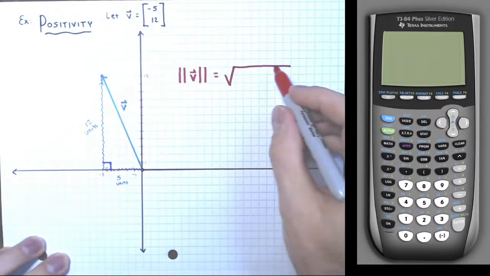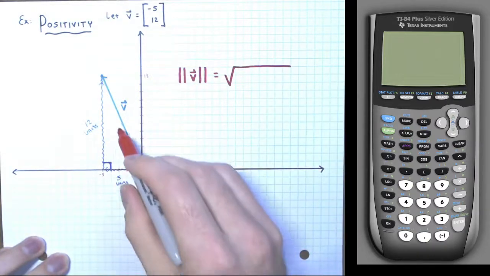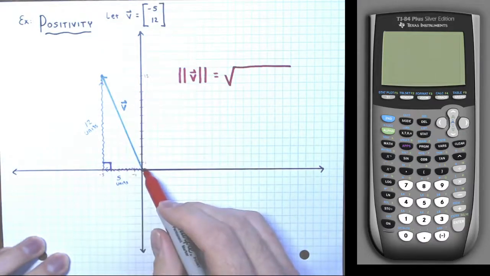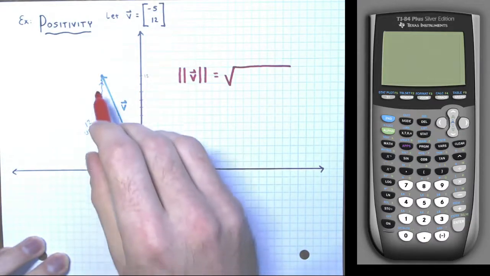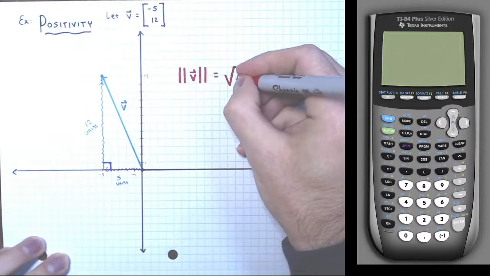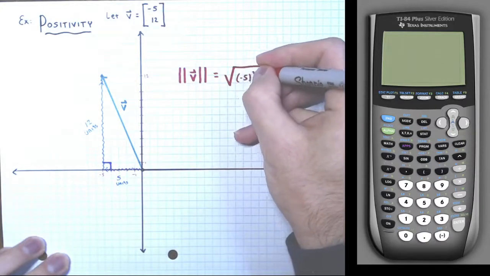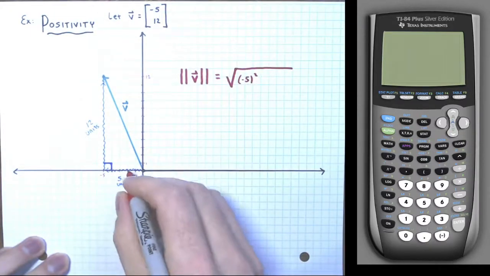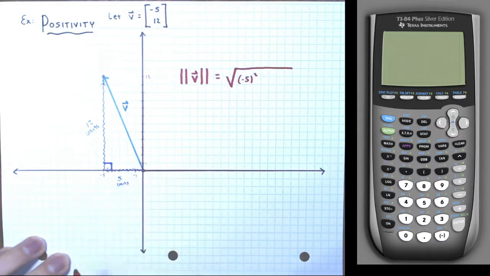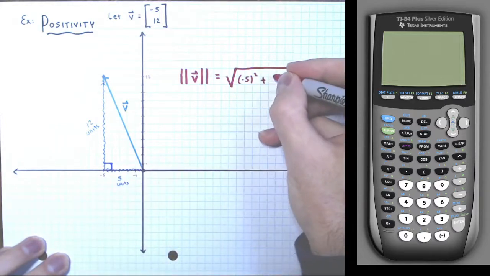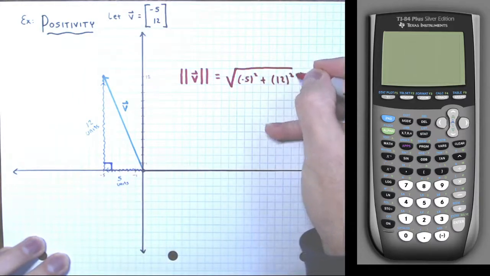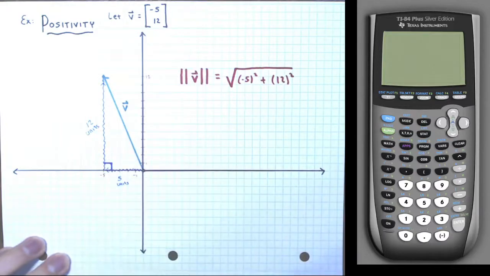It's the square root, and this is the length of this hypotenuse, the length of V. The square root of 5 squared plus 12 squared, which would be the same as -5 squared. Like I said, -5 squared is going to be the same as 5 squared. The length of one leg squared plus 12 squared, the length of the other leg squared in this right triangle.